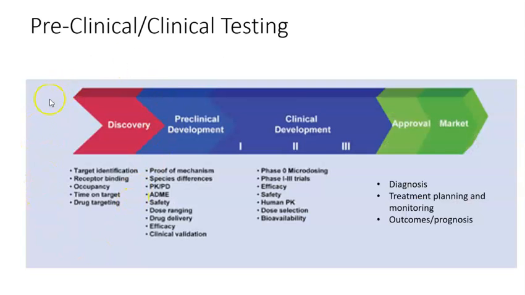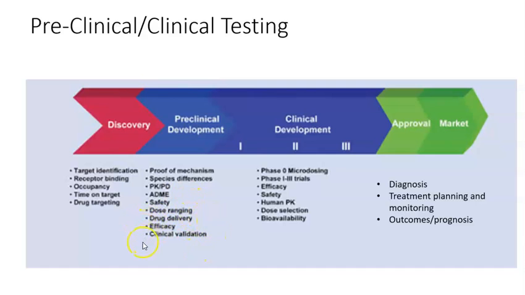So when we go through the discovery, you want to target that compound, figure out where it is binding, how much time it is on the target, how long it takes to metabolize, or get catabolized, when does it break down. So there's a lot of information that is involved in the discovery part. Then it's the clinical trials. So does it work? Is it safe? What's the dose range? How do you deliver the drug?